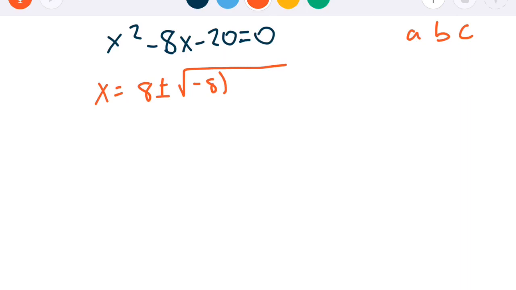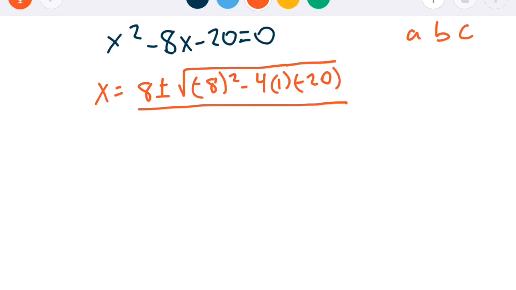So we have negative 8 squared minus 4ac. So 4 times 1, that's a, times c is negative 20. And then it's all divided by 2a. Well, a is just 1, so that's just going to be 2 on the bottom.